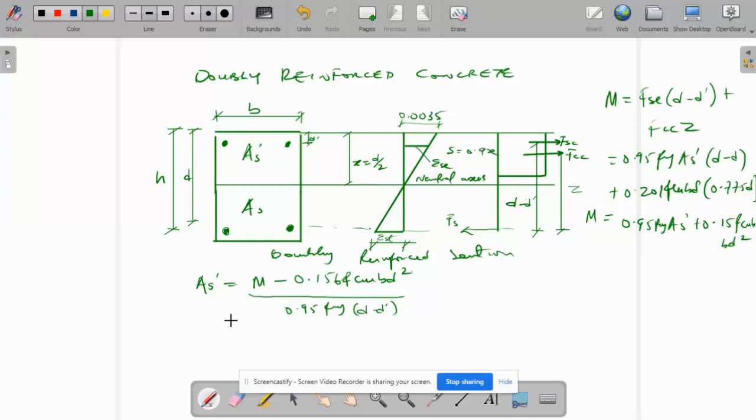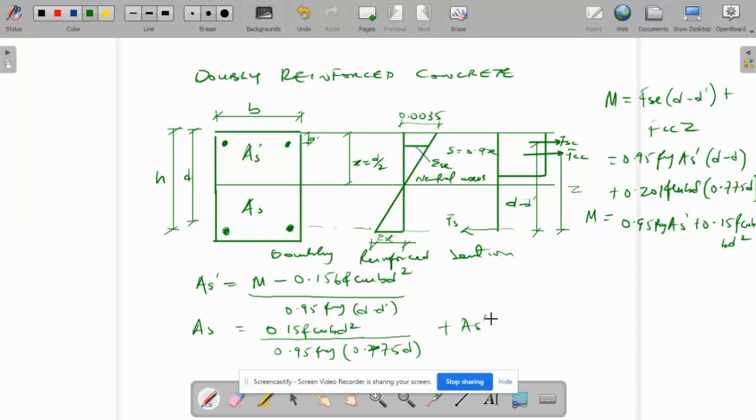Then we make As the subject. Our area of steel As will be equal to 0.156 fcu b d squared over 0.95 fy times 0.775d, plus As prime.